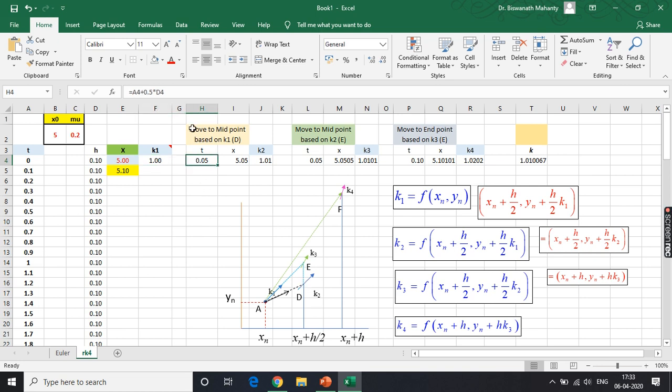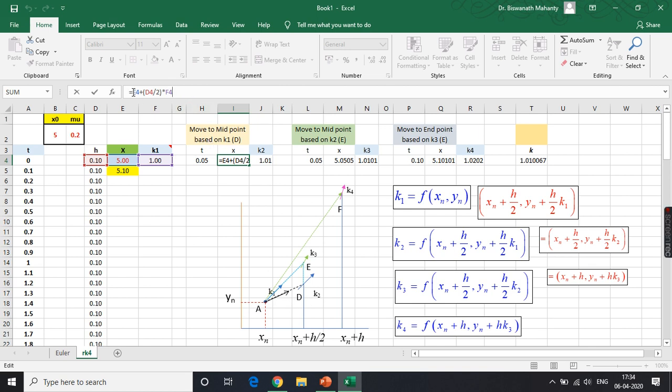So what is the time, what is the t-axis? The x values here are whatever you already have, a4 which is 0, plus 0.5 into h, that is h by 2. So we are writing a4 plus 0.5 into h. h is already known, 0.1. So the d point x value I got, the x-axis. And what is the y value here? Simple. The y value is the original biomass concentration we had, plus the k1 slope, but I will go only h by 2 distance.